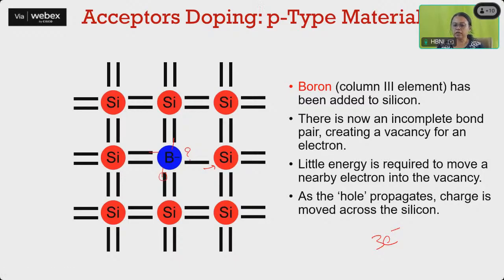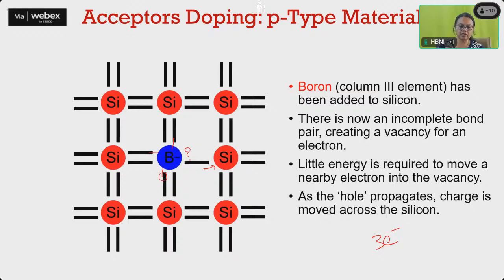So there is now an incomplete bond pair creating a vacancy for an electron. Little energy is required to move a nearby electron into the vacancy, and when this electron goes into the vacancy, the hole will propagate. So this hole is propagating, right?